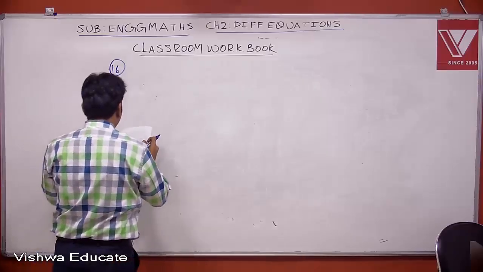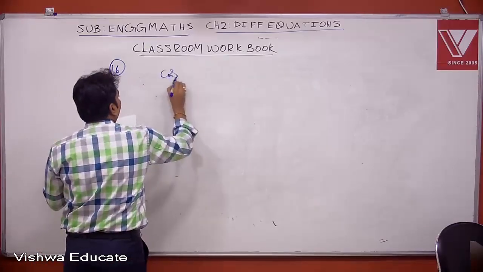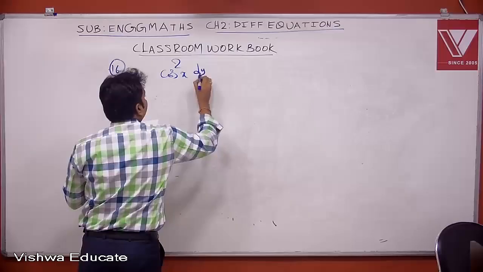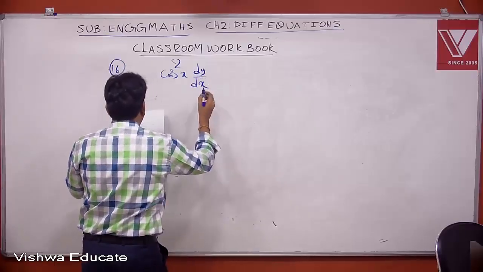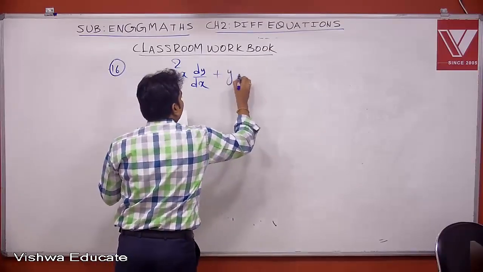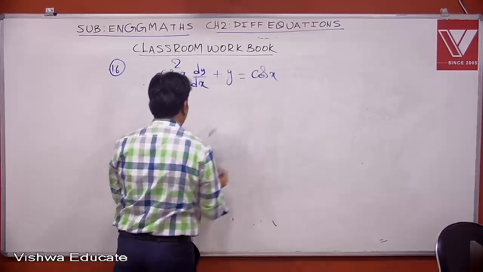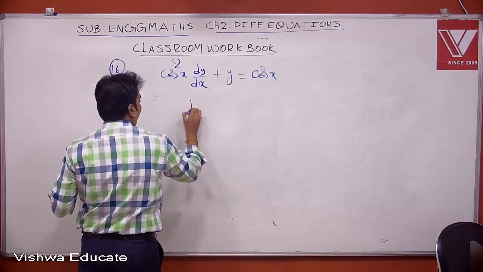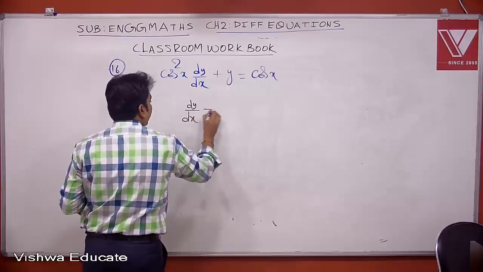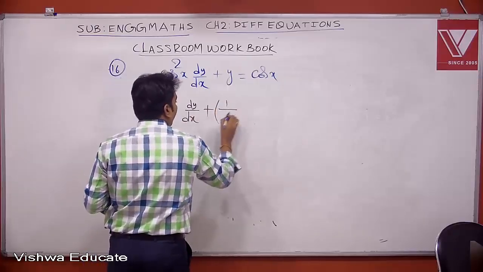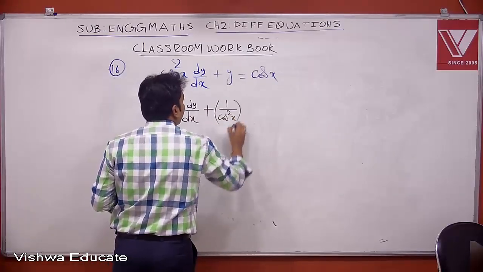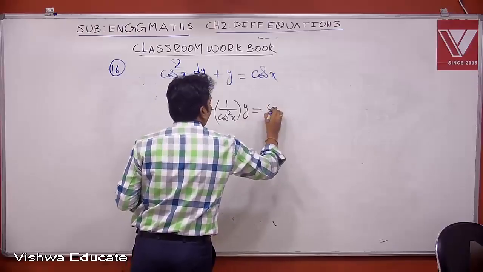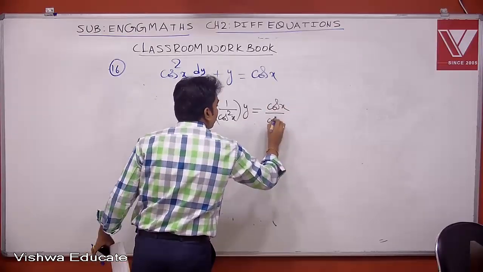What is my equation? Cos square x into dy by dx plus y equal to cos x. Now let us divide this equation by cos square x. This becomes dy by dx plus 1 by cos square x into y equal to cos x by cos square x.